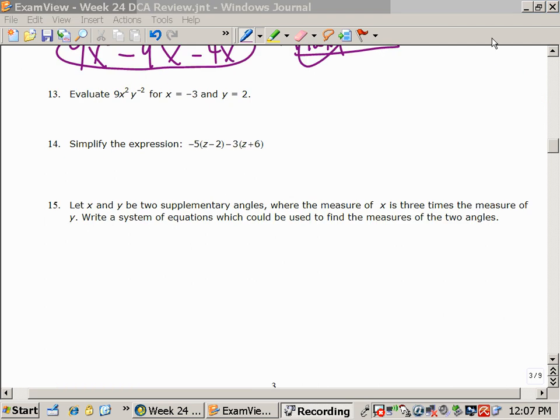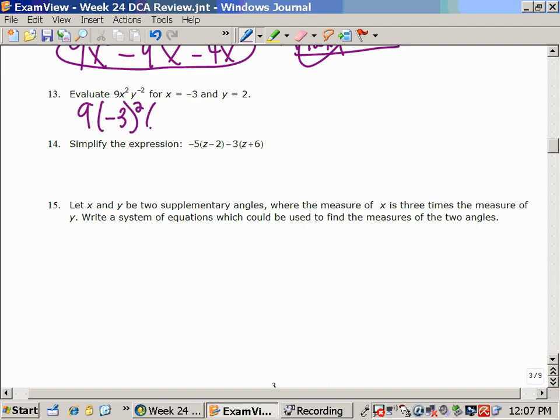Number 13, I need to plug in my negative 3 and my 2 for the x and the y. So that gives me 9. And when you plug in, don't forget that you're supposed to use parentheses. Negative 3 squared and 2 to the negative 2. All right, I'm going to pull this over here. I'm going to draw a fraction bar. The 9 is going to go on the top because it has an exponent of 1.